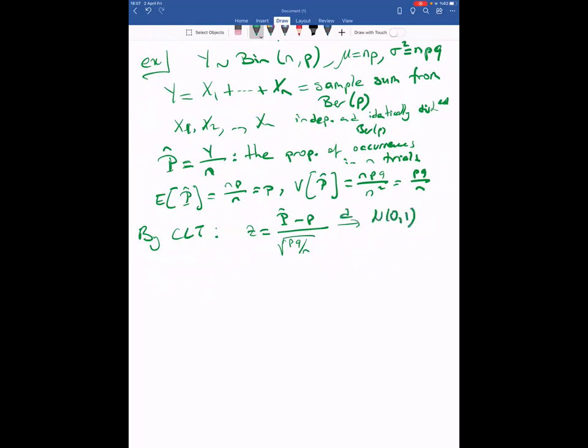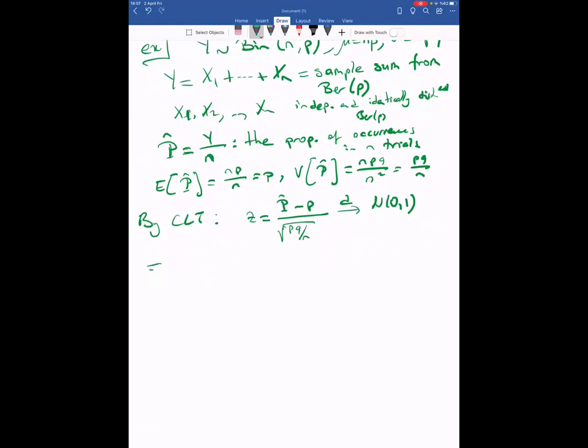So we can treat this as our pivotal quantity. Then we can write in probability, the set is minus z alpha over 2 and plus z alpha over 2 with some given confidence level. Okay, and from here, writing the value of z, we can find an interval for p.